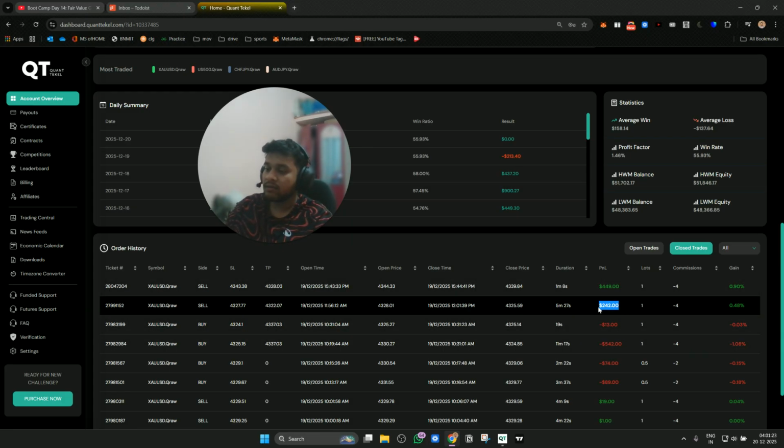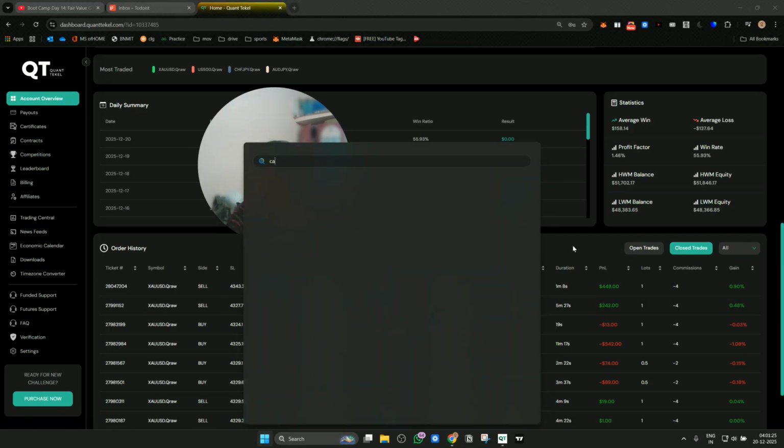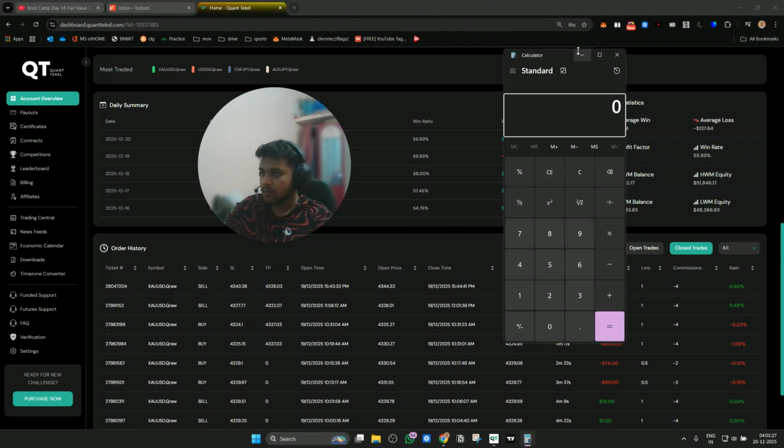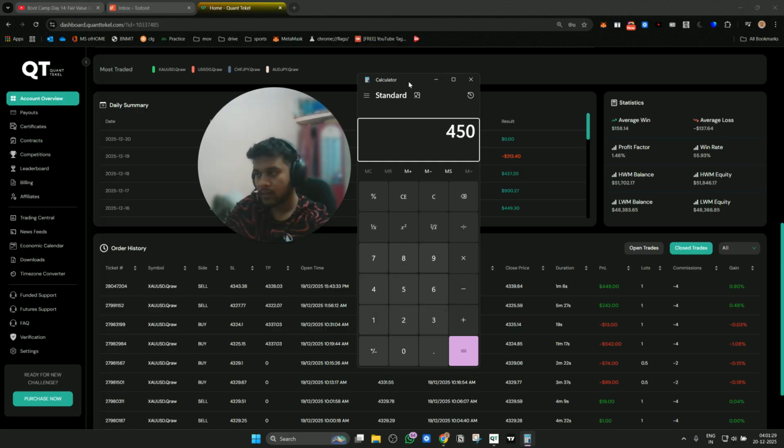Just imagine if we sum 450 plus 250, that is like minus 600. What if we had lost this much? Correct. But I do keep SLs. I had kept very tight SLs, if I'm not wrong, for both these trades, somewhere around $150, even $100.